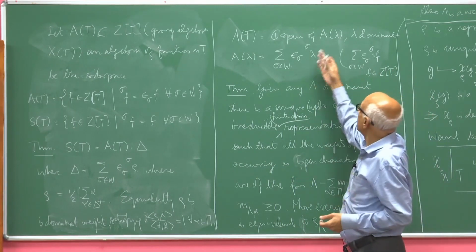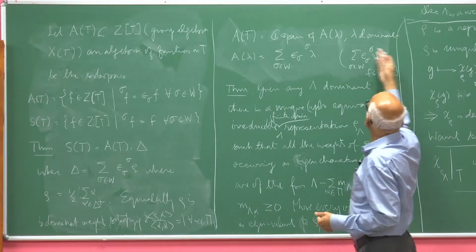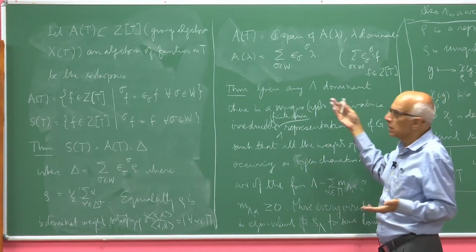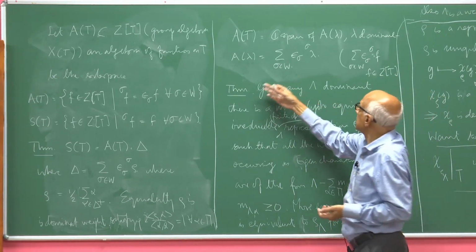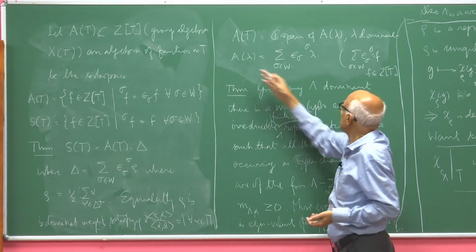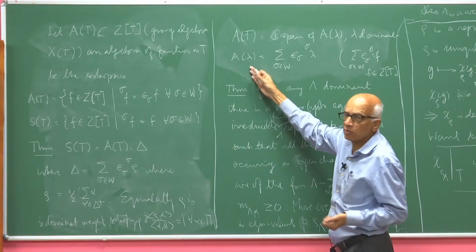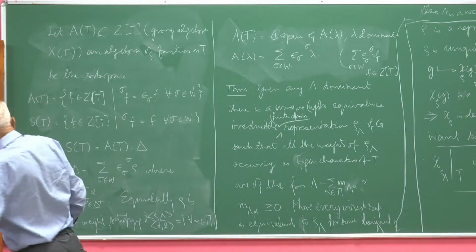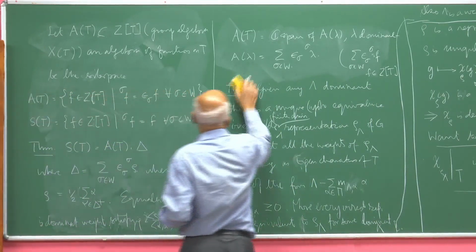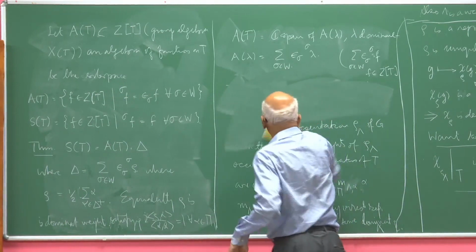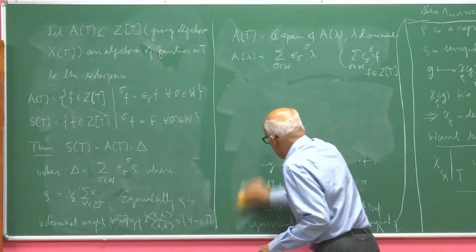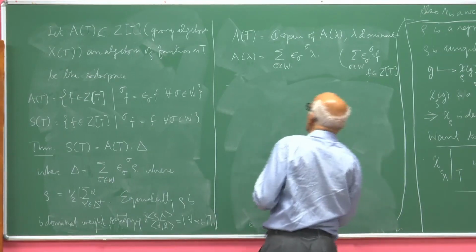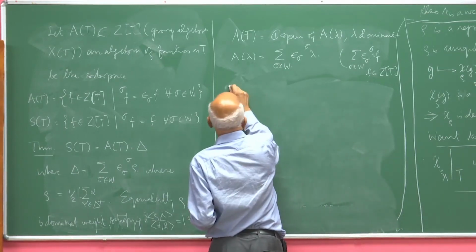And since every element of ZT can be written as a linear combination of characters, you find that every alternating function can be written as a linear combination of A lambda, as lambda varies over dominant weights. So, let me make that statement.